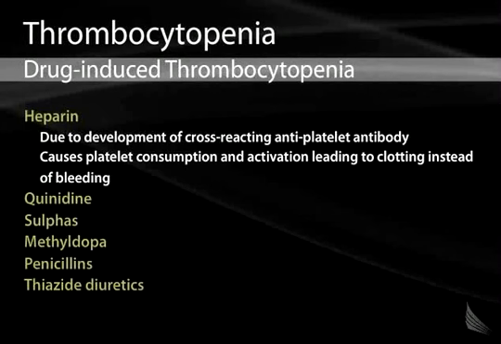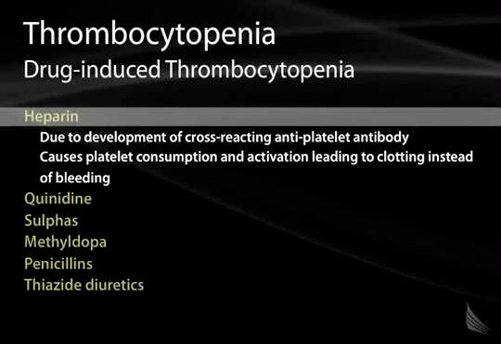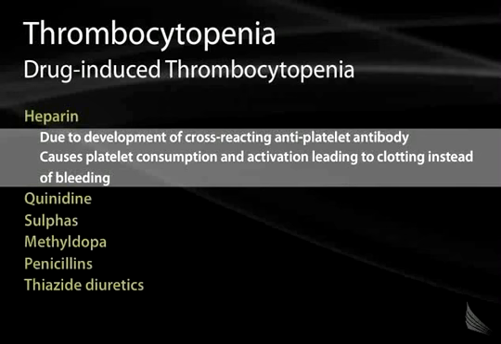The various types of drug-induced thrombocytopenias, we could spend hours and hours discussing them, different kinds of drugs that can cause thrombocytopenia. But for Step 1, the specific ones you need to know about are specifically heparin. Heparin causes a cross-reacting antiplatelet antibody to the heparin-platelet factor 4 complex, which causes both platelet consumption as well as activation, which can cause paradoxical clotting instead of bleeding.